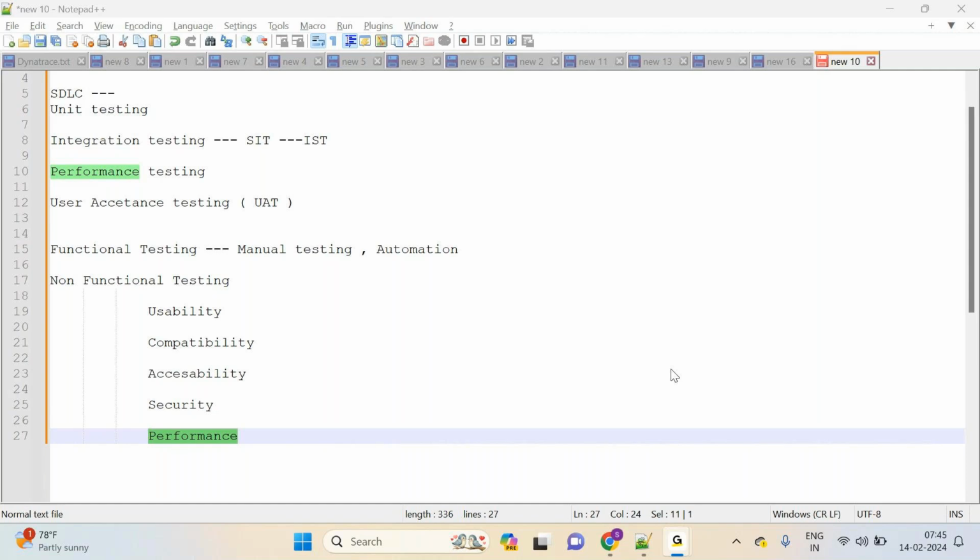All these developers will integrate their code and then give it to the integration testing team. That's where we call it SIT or IST. Those people will test the integrated system. I mean, multiple developers develop the project and combine it into one system, and that is what they test in SIT. Basically, SIT is an environment.